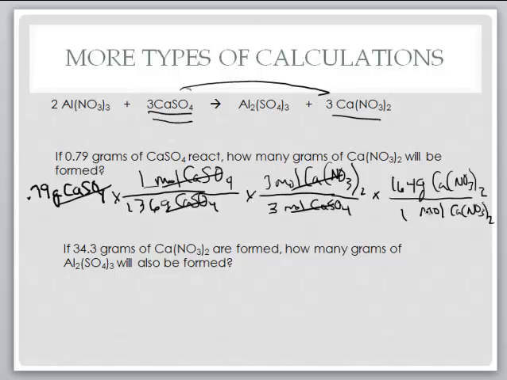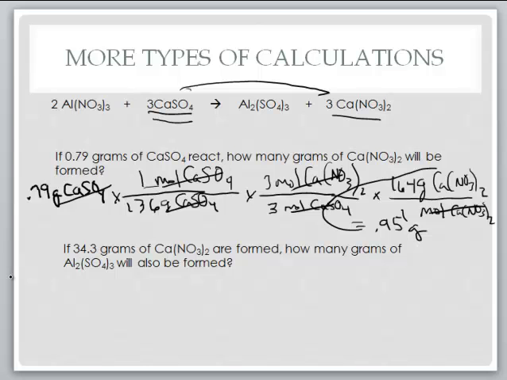So our moles cancel. We have grams. Go back and do the math. 0.79 divided by 136 times 3 divided by 3 times 164 gives us 0.95 grams of our calcium nitrate.